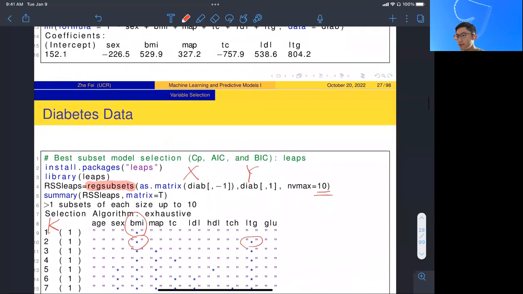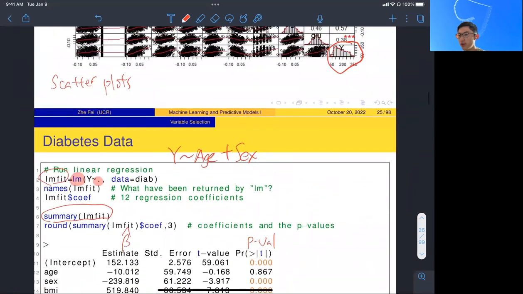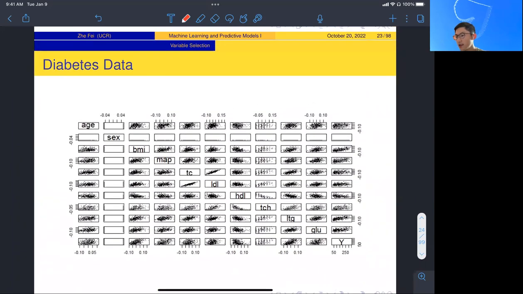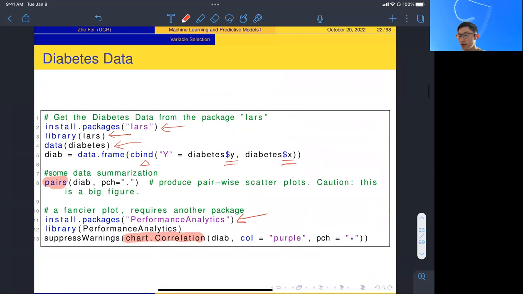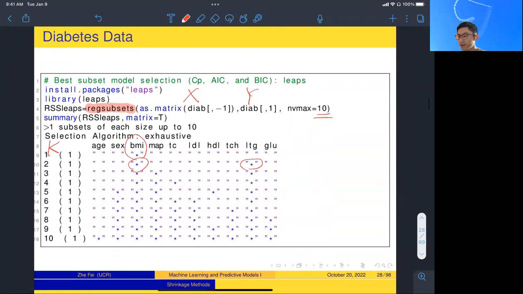When you load this data and look at it, you will find the definitions of these variables, but I do not remember all their meanings. So for k equal to 2, we would select BMI and LTG, and then so on and so forth.